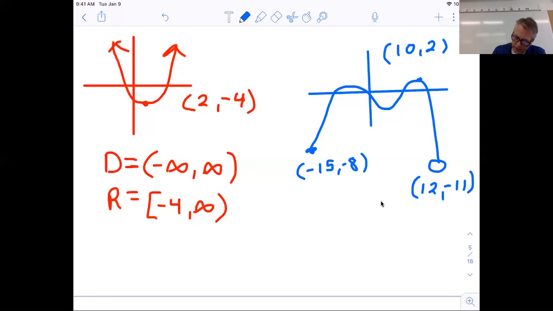All right, so we're going to find the domain and range of this function. Now the domain, we're going to squish it onto the x-axis. So if I squish it all onto the x-axis, the left boundary is going to be right here, inclusive. And the right boundary is going to be right here, exclusive. So my domain is going to be everything from -15, inclusive, to 12, exclusive.